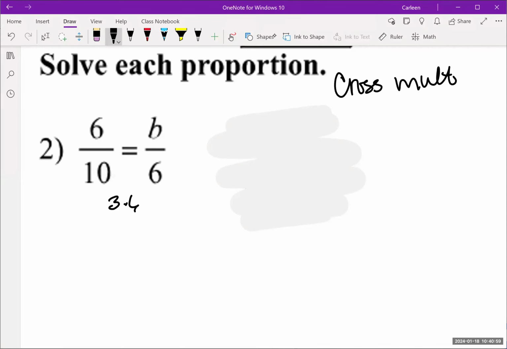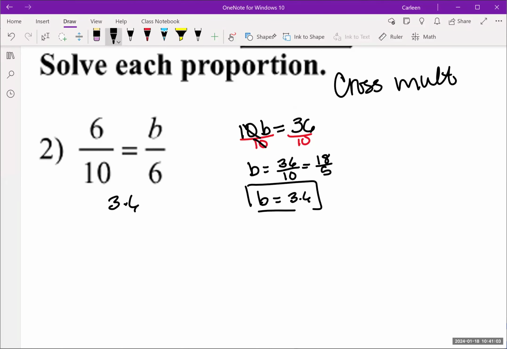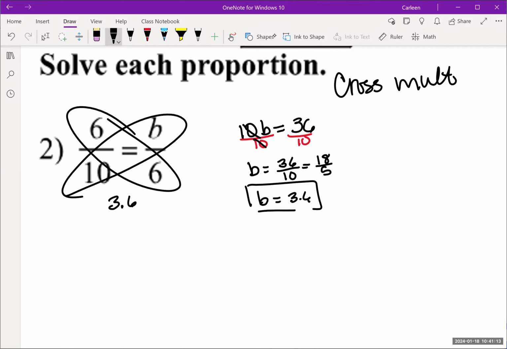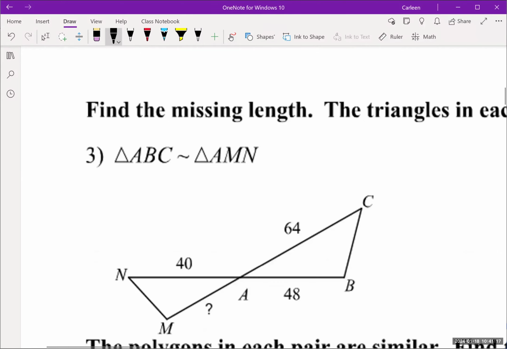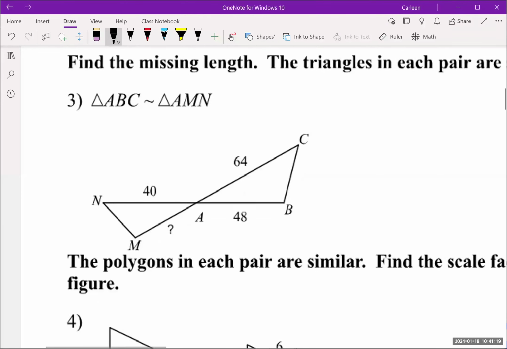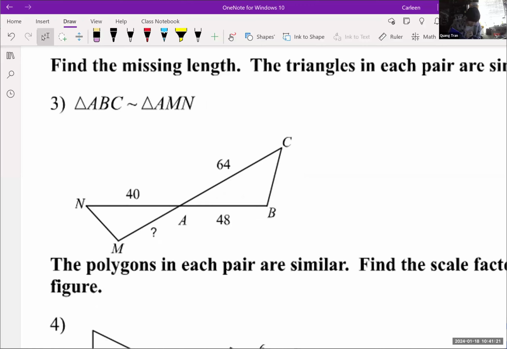Yay. Okay, so do not just put the answer. Yeah, show me your steps. Okay, show me your steps. Now, this is good too, but you don't have to put that part. Okay, the part that looks like a little atom. Okay, find the missing length. Now, I was just grading some of your work from last week. Now, not necessarily you guys.